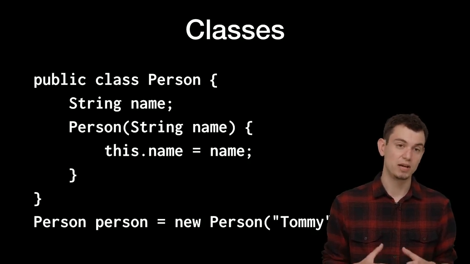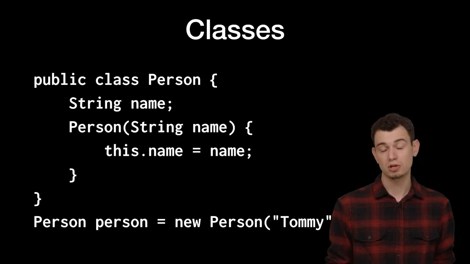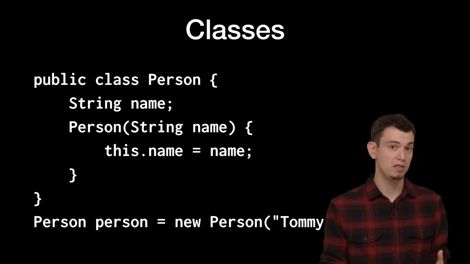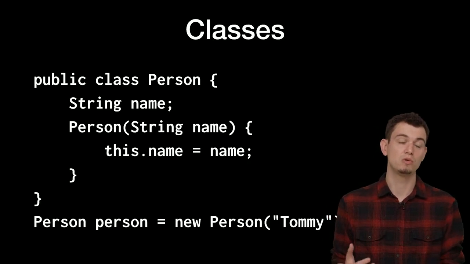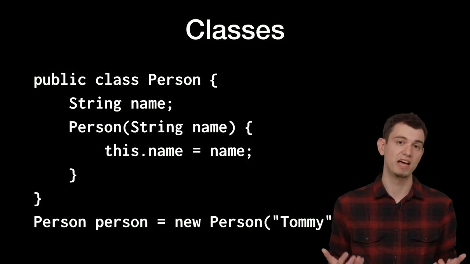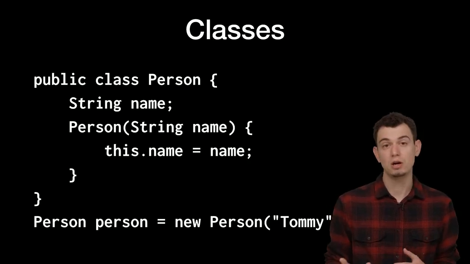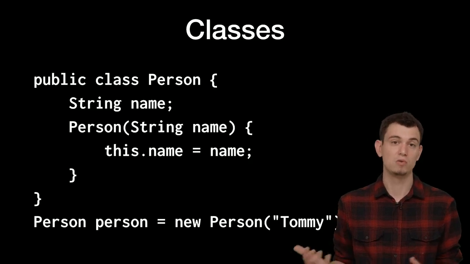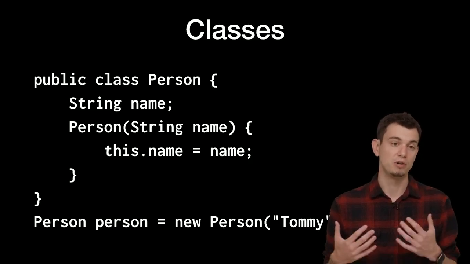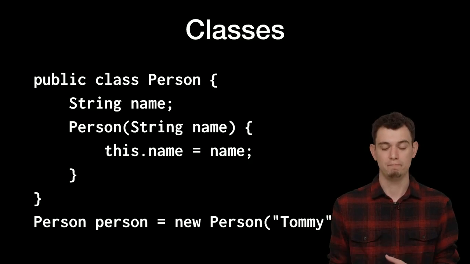Last, we're going to create what's called a constructor for the class. And the constructor is basically a special method that's going to be called when you create a new instance of that class. So here, my constructor takes one parameter. It's a parameter of type String, and we called it name.